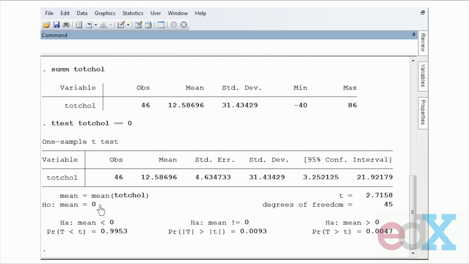Okay, now let's look at the hypothesis testing approach. The null hypothesis is that the mean is 0 and there are 45 degrees of freedom. If the alternative is that the mean is not 0, the two-sided alternative, there it is, it has a p-value attached to it of 0.0093. So we would reject the null hypothesis here.